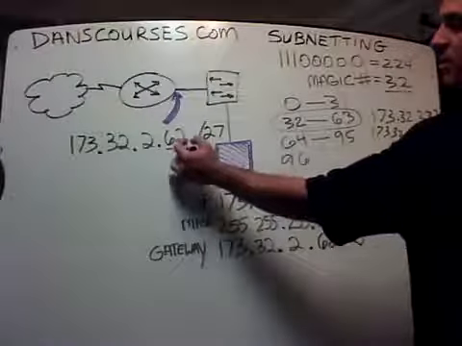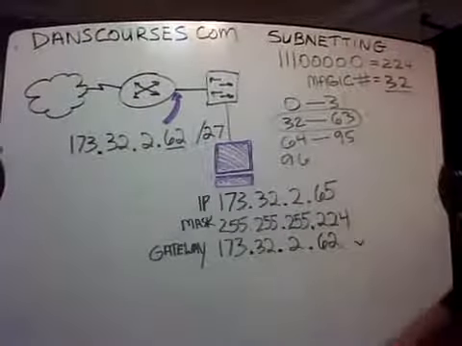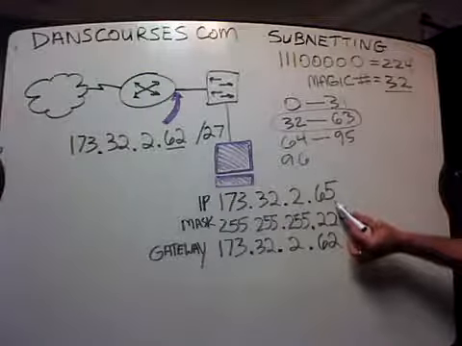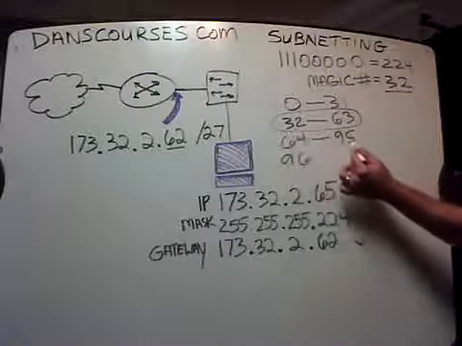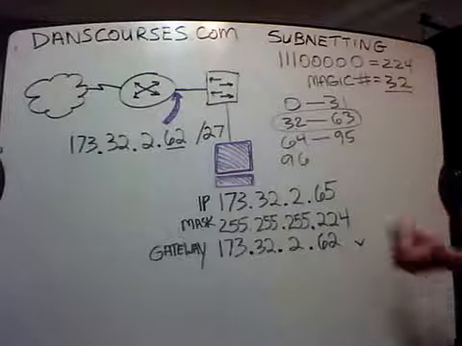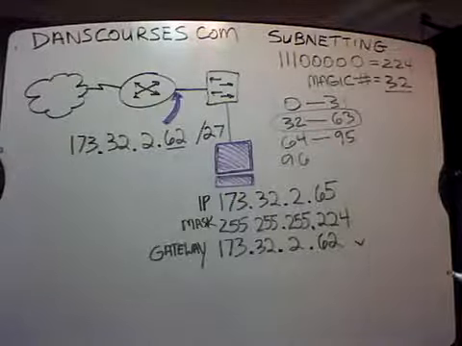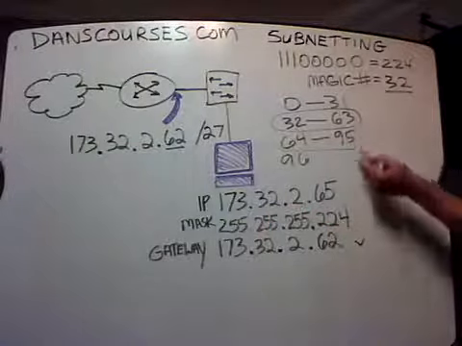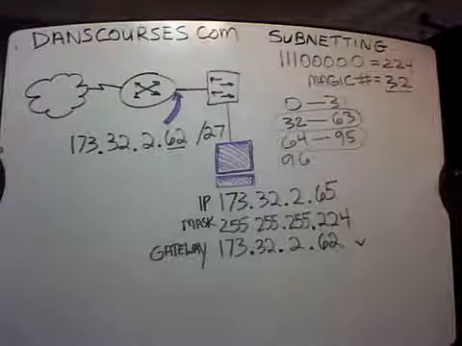It is the last usable address in this network. But look at the computer's IP address. The computer's host number is 65, and 65 is in the 64 to 95 network. In this subnetted scheme, the networks go up by 32, and there are 32 addresses in each network, 30 of them usable. So the router and the computer are on separate networks. You have to be able to find the networks to solve these kinds of questions.